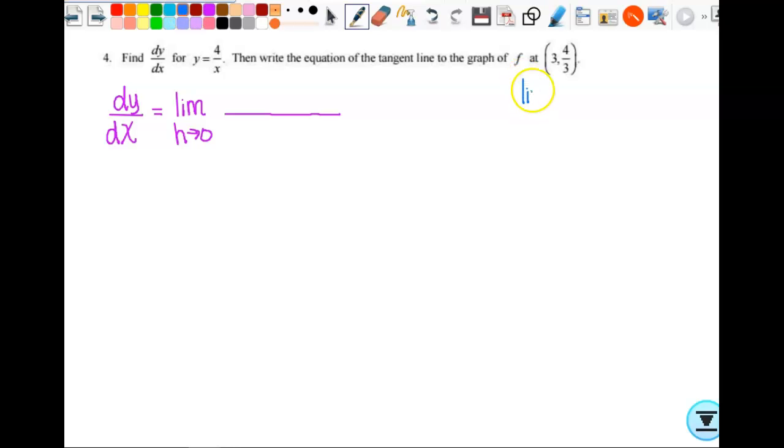It's the limit as h approaches 0 of f of x plus h minus f of x over h. So when I substitute this in, f of x plus h, I replace this with x plus h. So I get 4 over x plus h minus f of x, which is the same as y, which is 4 over x, all over h.